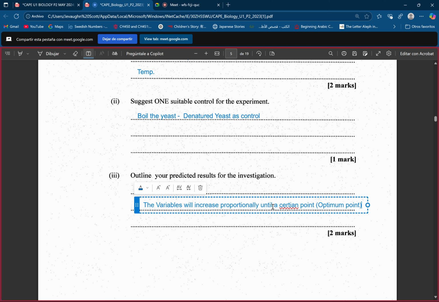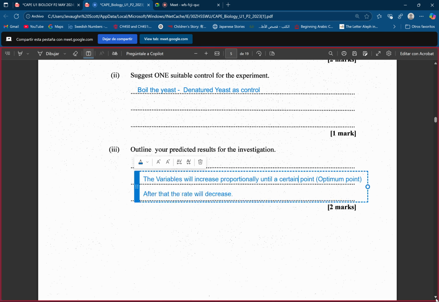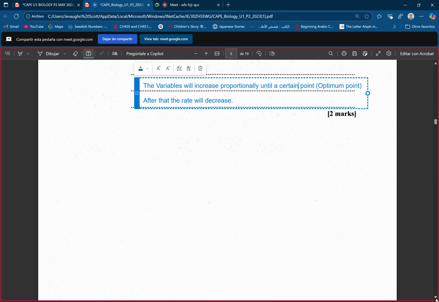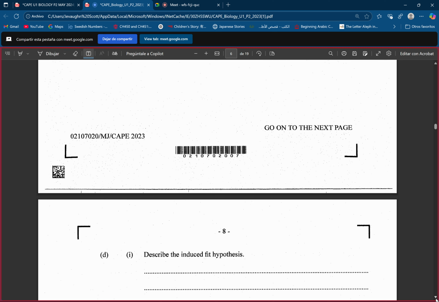So our optimum point would be achieved, and then after that, the rate will decrease. Not true. That is not how we normally treat the temperature in a reaction like this. So look at something like that. So that could be the case, or the temperature. That could be the general case there.